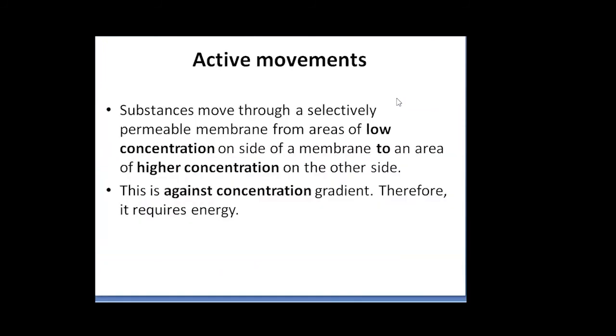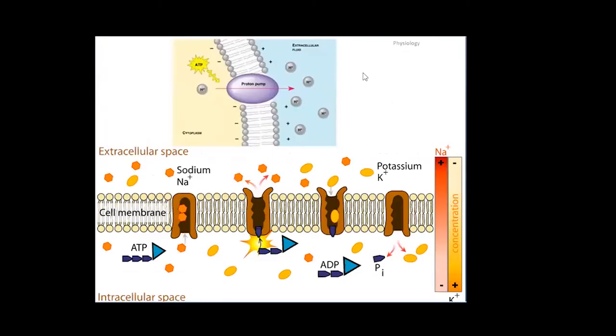So that's another picture here. You can see the movement from one side to another side, like sodium here, from inside of the cells moving to outside of the cells.